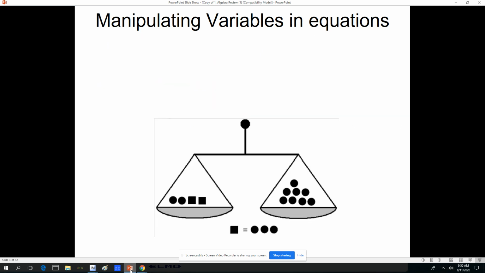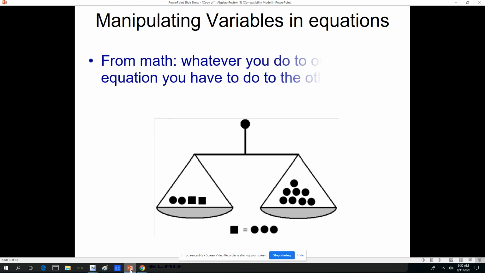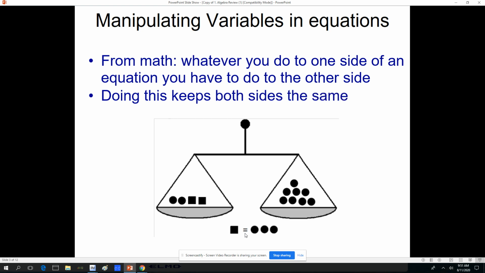Okay, so manipulating those variables when we have an equation, what is that all about? Going back to some of those things that you learned in math class long, long ago, you probably learned what an equal sign is. It means that whatever is on one side of the equation is exactly equal in value to what's on the other side of the equation. It's kind of like having a balance.